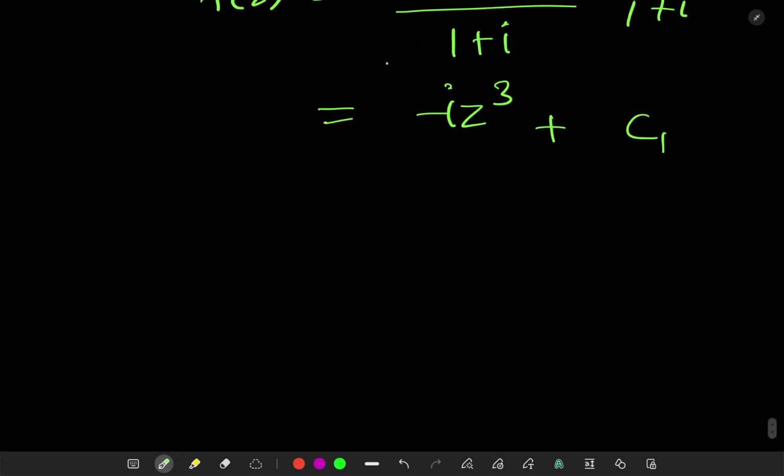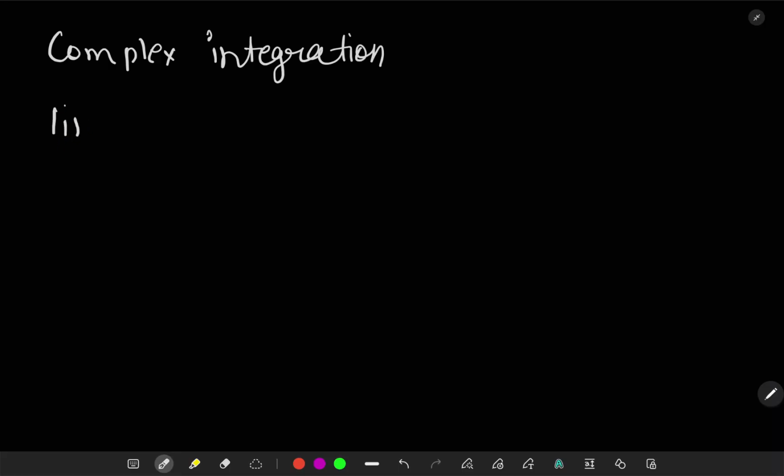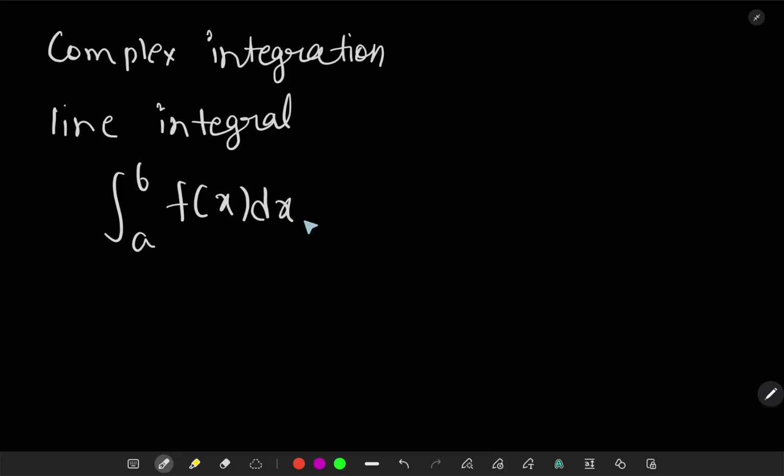Now let's do another topic, which is complex integration. Line integral. A line integral along a curve is defined as we know, normally if we have a function f x given.